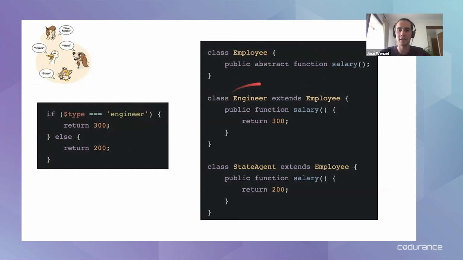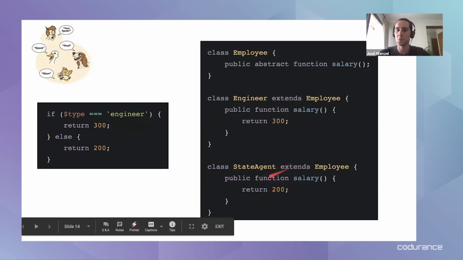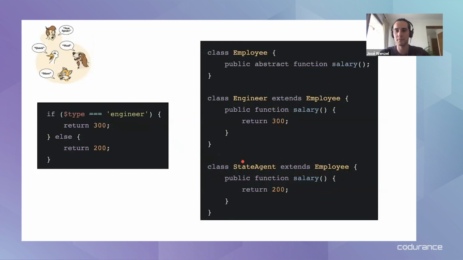We can have an engineer that extends the employee, and the salary will return 300. And then the state agent will return 200. And if we add a new one, we create a new class that extends from employee, let's say developer, that earns like 4,000 or something like that.